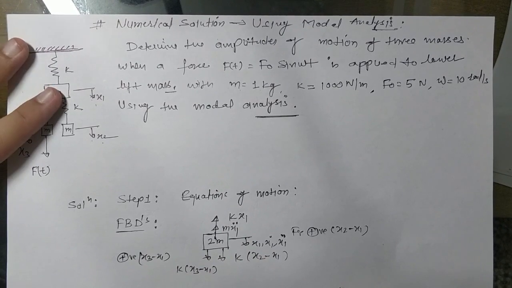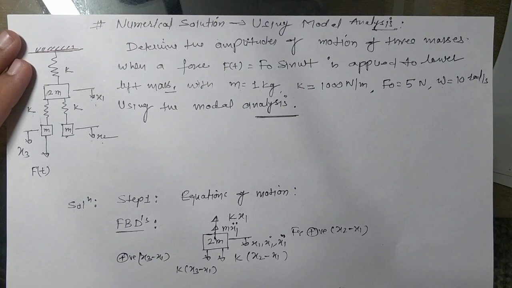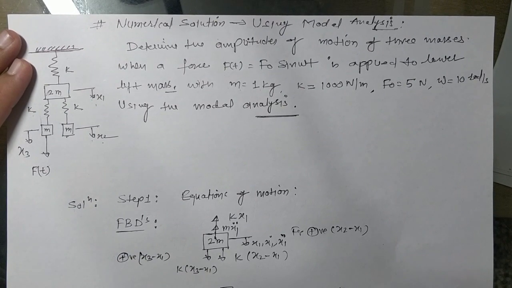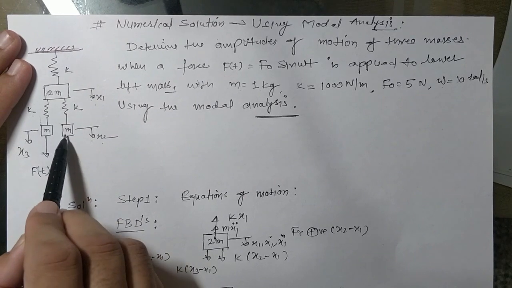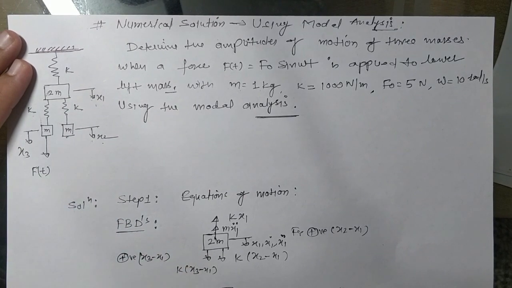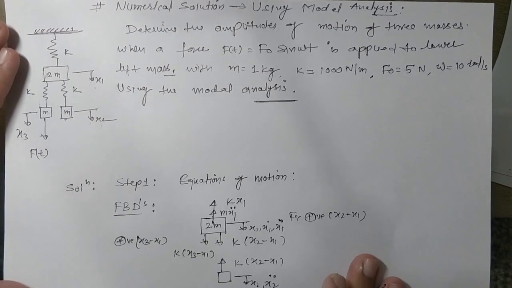Now we'll draw the free body diagram of this mass. This is m, and because this spring is in tension, it will apply a force in the upward direction, and this force would be k times (x2 minus x1), and this is the direction of x2 double dot.